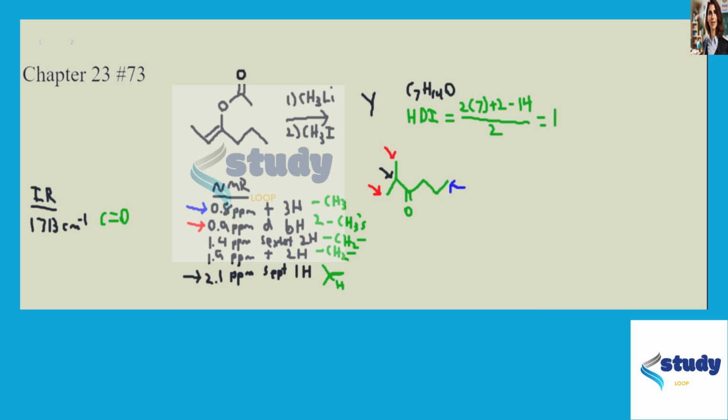And then our 2 methylenes obviously are the 2 methylenes. But this one would be the one at 1.9 ppm. Since it's alpha to the carbonyl, it's going to be further downfield. Okay, so let me just redraw this. Okay, so this is molecule Y.